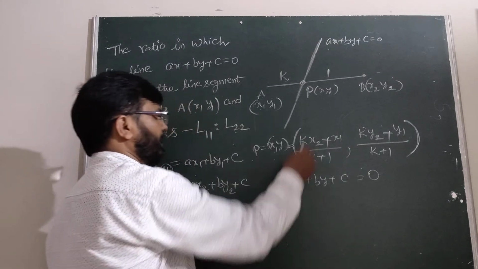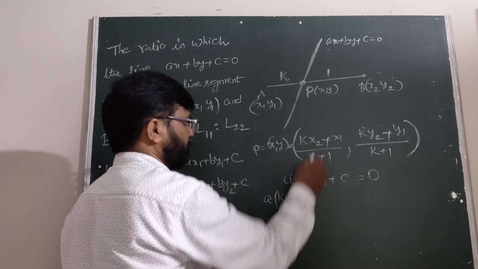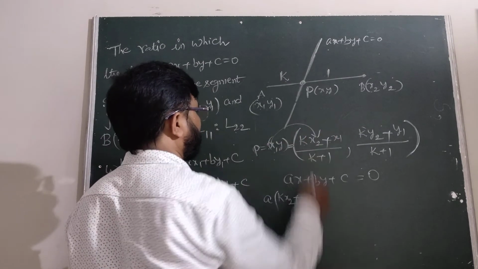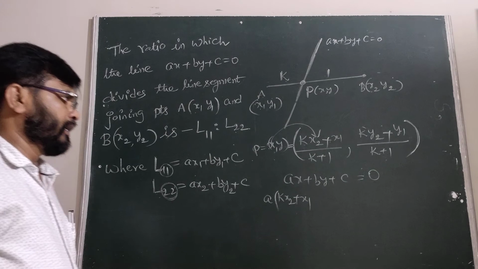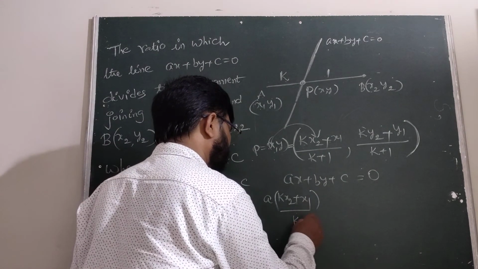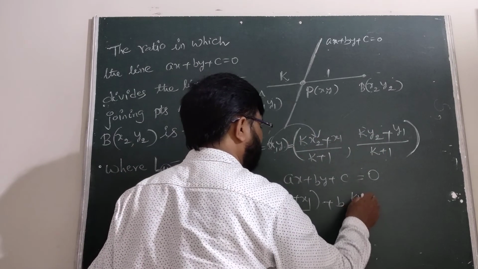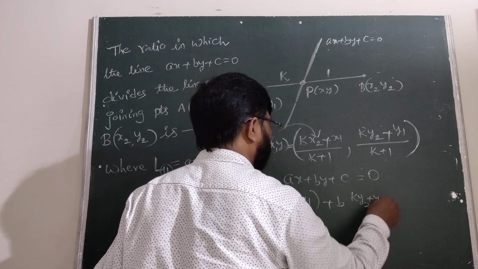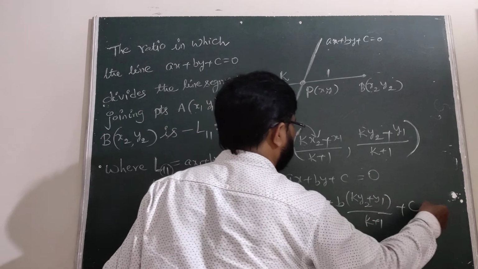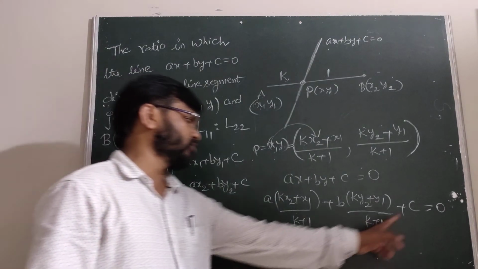So a into x, where x is equated from the abscissa, kx2 plus x1 upon k plus 1, plus b into y, that is ky2 plus y1 upon k plus 1, plus c equal to 0. Now taking the LCM, which is k plus 1.